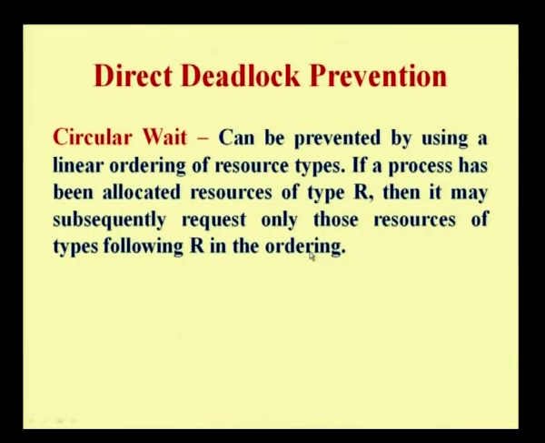Welcome back. In circular wait, which we have seen as a direct deadlock prevention method, one of the types of deadlock prevention is direct deadlock prevention, in which we have seen about circular wait. I gave you an example of three people waiting inside a cage. They have been arrested and kept inside a cage.